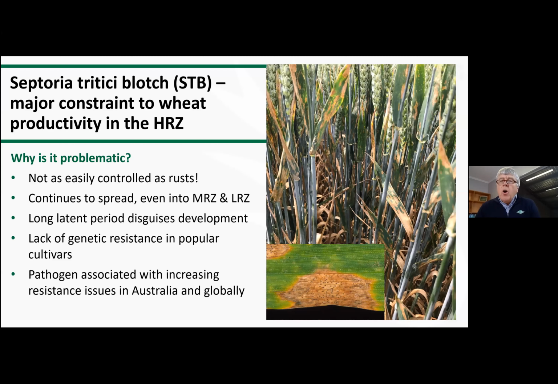We perhaps aren't blessed with as much genetic resistance as we'd like to see, and I'll come back to this in a second. Lastly, however, it is this aspect of fungicide resistance. In Europe, as I say, in New Zealand, the strobilurin group 11 QOIs do not work against Septoria tritici.